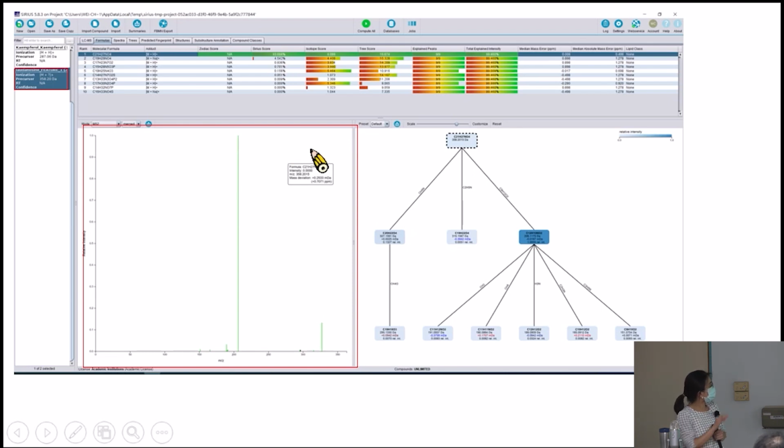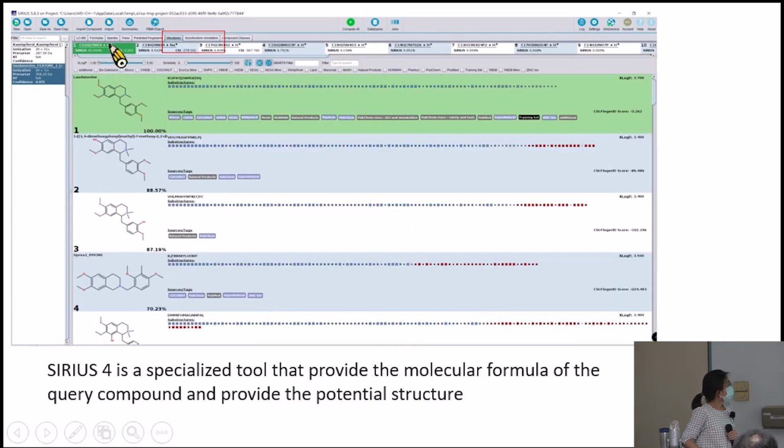Besides this prediction of the molecule based on our spectrum data, we can also look into the structure of this compound. You can see here there are different similarities for different compounds. And of course, we usually believe that a 100% prediction is more likely to be our metabolite.